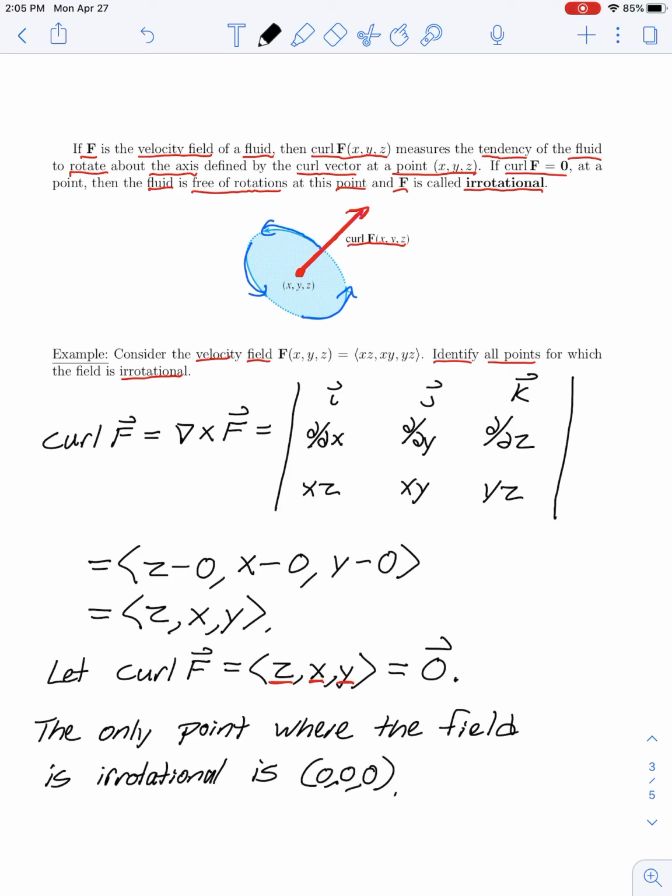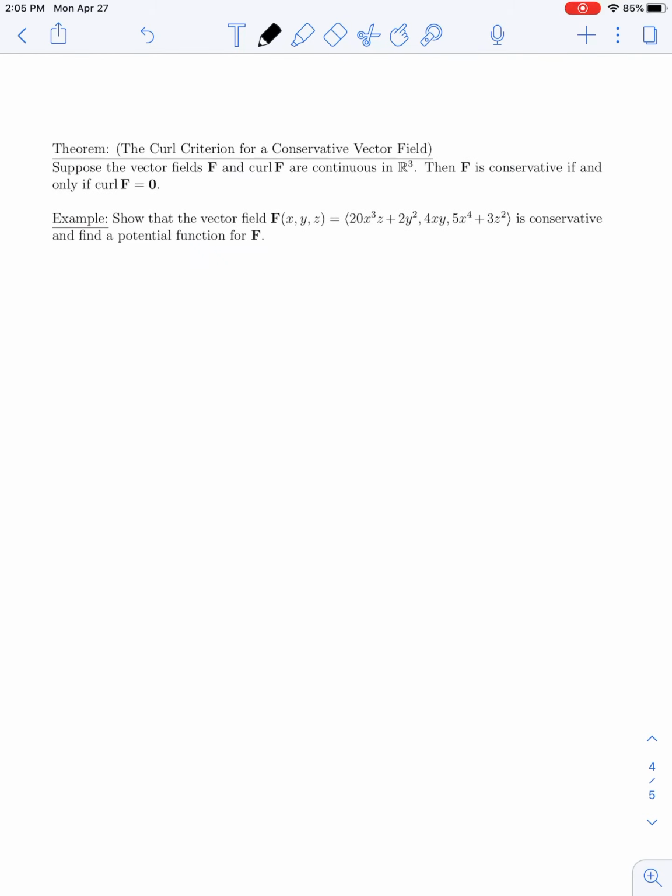All right. So making use of this curl, we can determine for a given velocity field where this field is irrotational. So let's look at some other applications here.